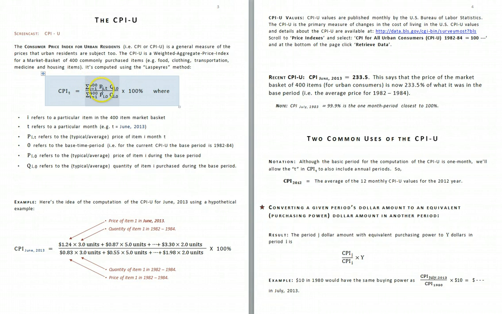The numerator is the price of the identical basket, but in month t. The ratio of the month t basket price to the base period basket price is a CPI-U for month t.